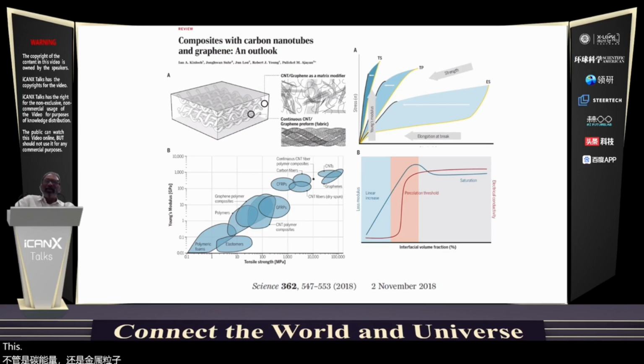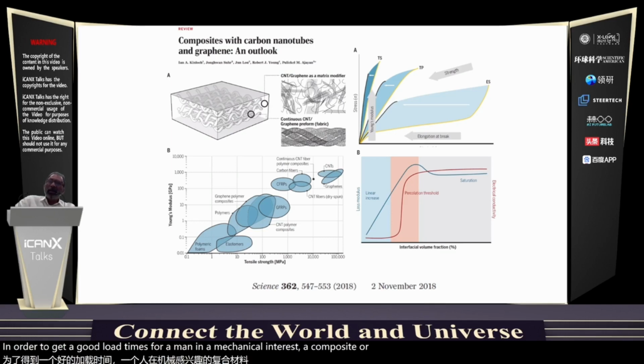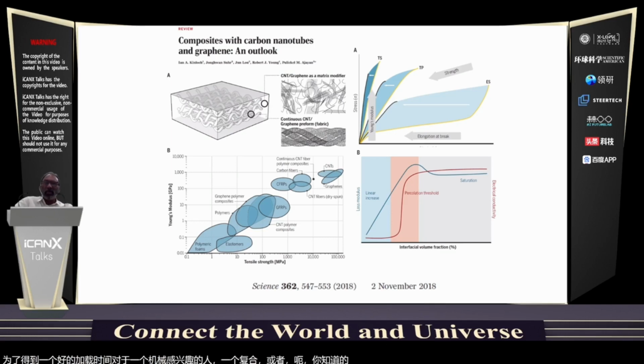This interfacial engineering, getting the right kind of interface in terms of molecular interactions is important in order to get good load transfer in a mechanically interested composite, or conductivity threshold or percolation in a different type of composite.